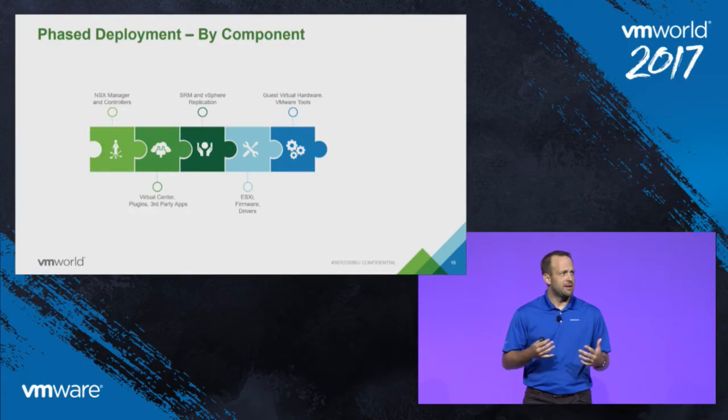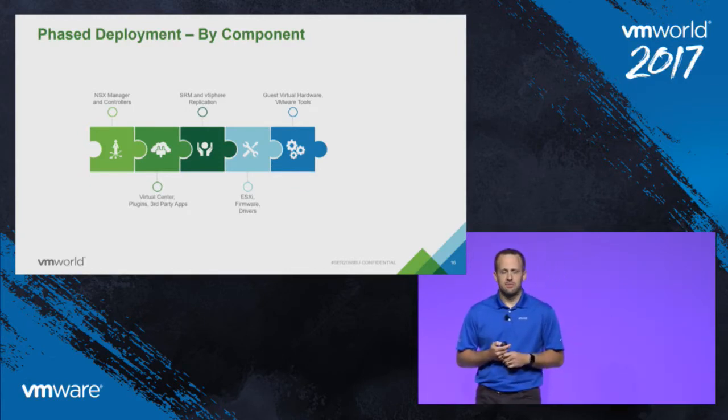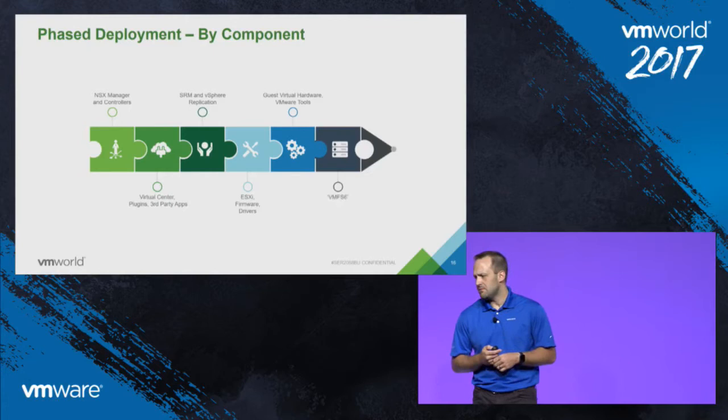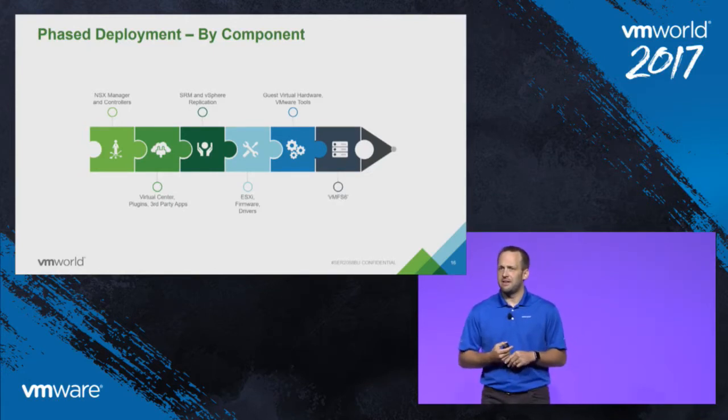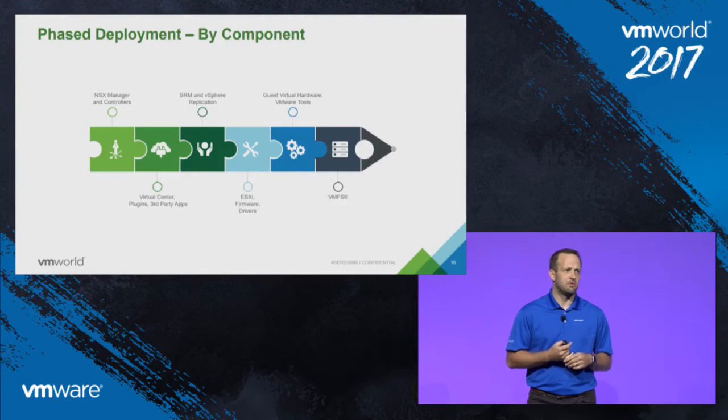Especially if you use something like SRM, VMware Tools being current is extremely important so that you can do a failover without many errors. And then finally, VMFS 6. That is a big improvement over the VMFS file system. So when you get all the way through your upgrades, that last piece of the puzzle is completing that VMFS 6 upgrade.